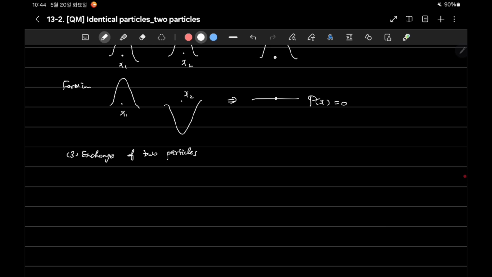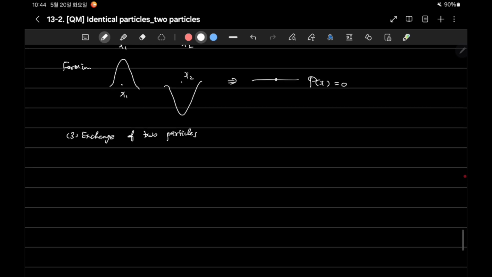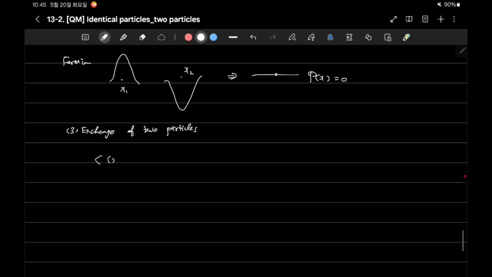And to calculate the exchange probability, we should think about the expectation value of the dispersion of particles. So the dispersion of two particles is the expectation of (x1 minus x2) squared. x1 minus x2 is the separation of the two particles, and the square and the expectation is the dispersion of the two particles.